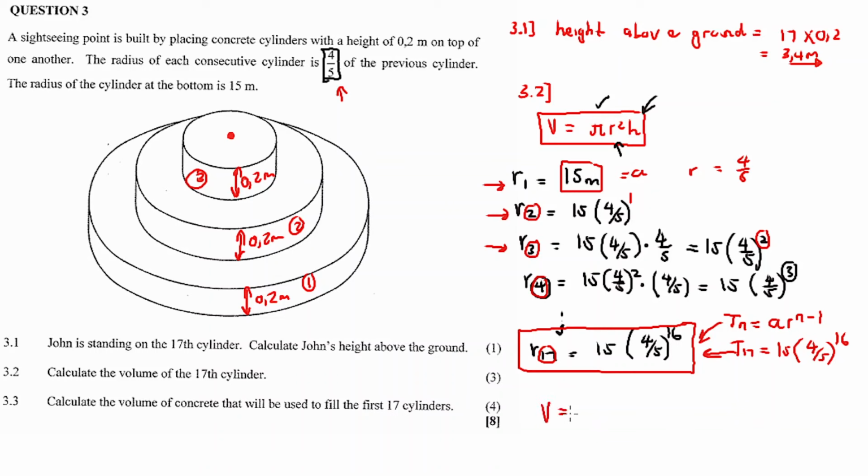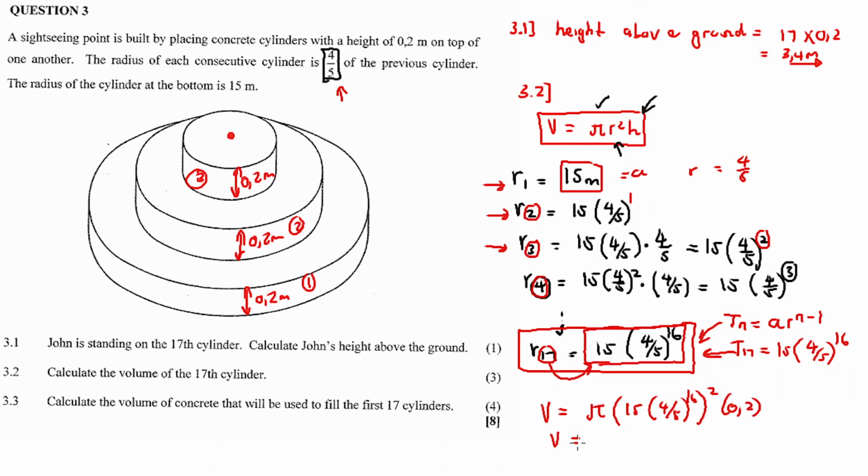Now I want to calculate the volume. Pi times the radius squared times the height. The radius for cylinder number 17 is 15 times 4 over 5 raised to exponent 16, squared. What is the height? It's 0.2.